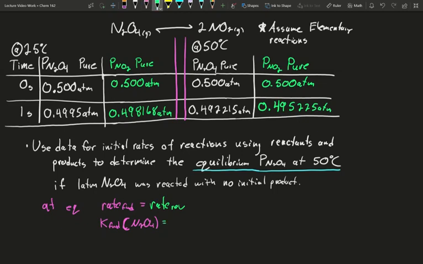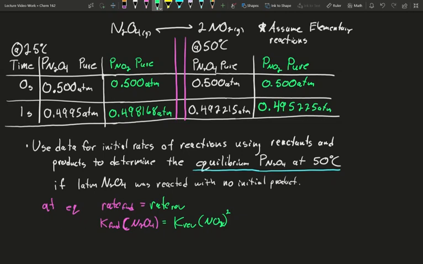That has to equal the rate for the reverse reaction. Well, if these are elementary steps, 2 NO2s are going to combine to go backwards. So there's going to be some K reverse times NO2 squared. If we are at equilibrium, these two rate expressions must be equal to each other. The forward and reverse must be happening at the same rate.